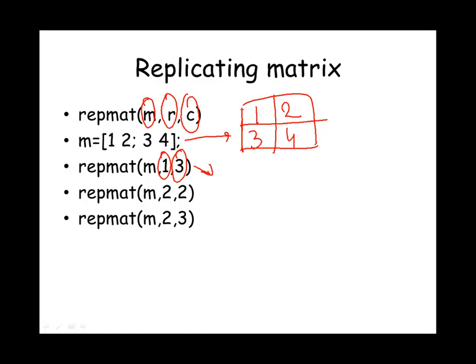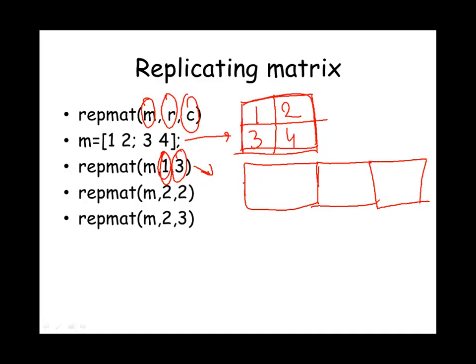So you can think about this entire matrix as a single block. We are replicating only once in the rows, so we are not really changing the way that the rows are structured, but we will replicate this entire matrix 3 times in the columns, and we get the same matrix repeated 3 times.